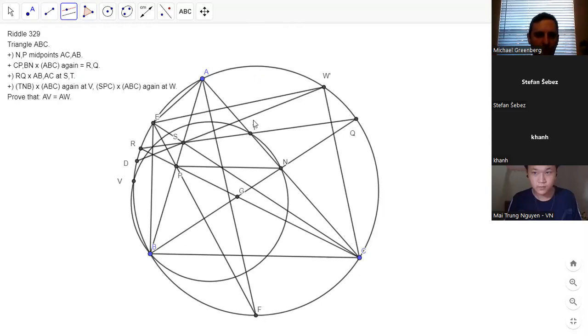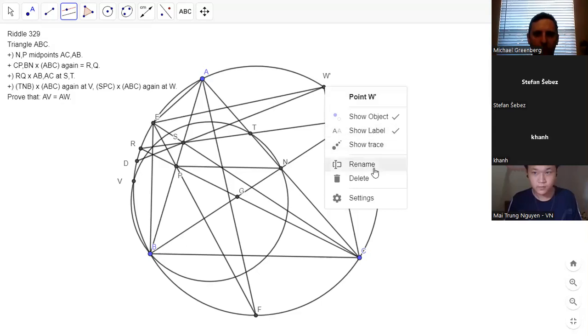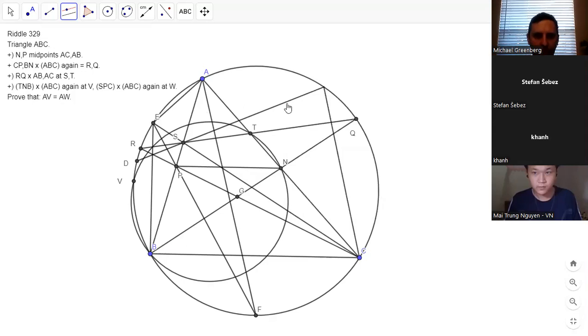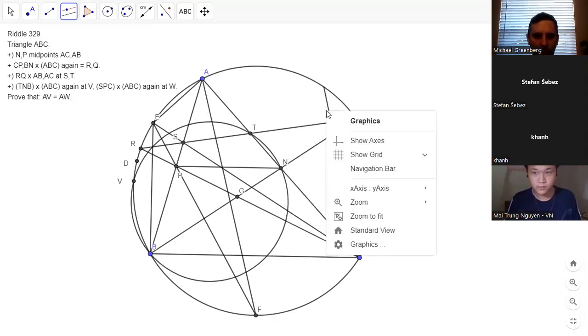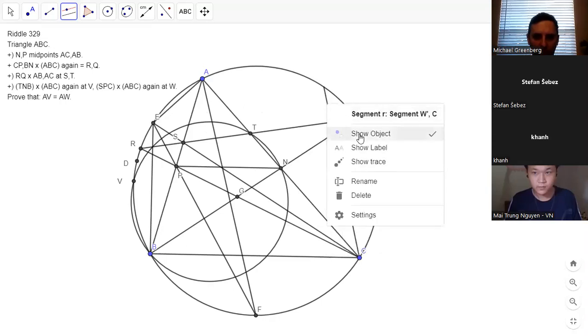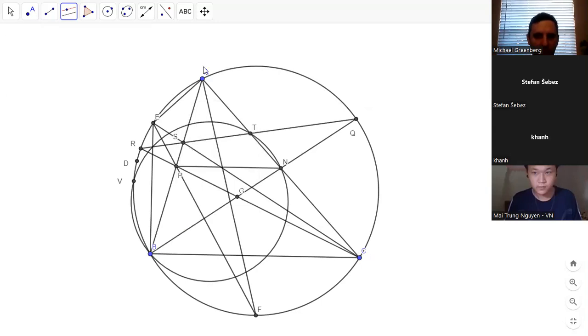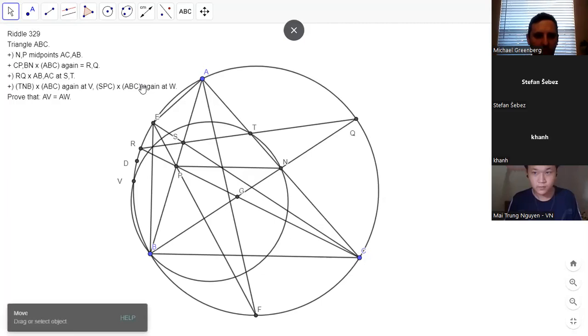So I could probably clear a bunch of stuff off the figure. Yeah, we don't even need W prime anymore. So I can hide a bunch of stuff. I think we just need to show AF is parallel to BV.